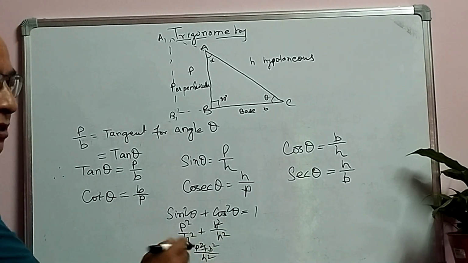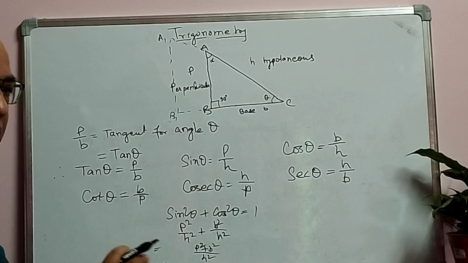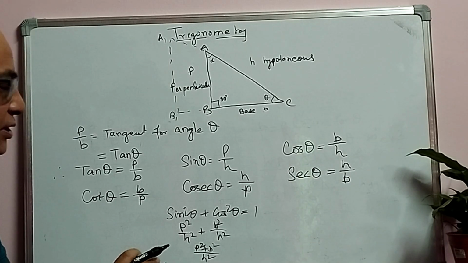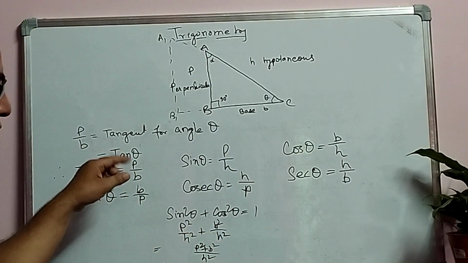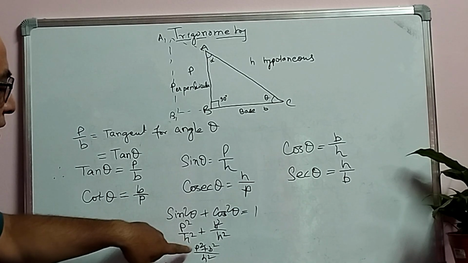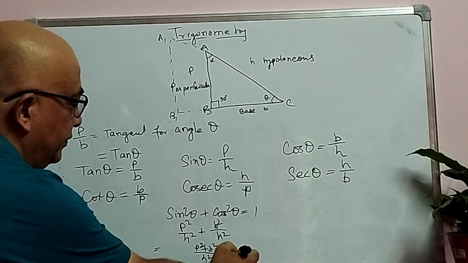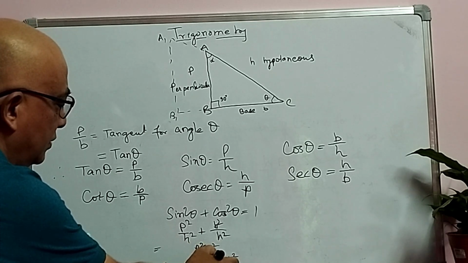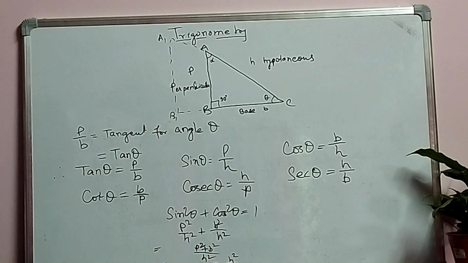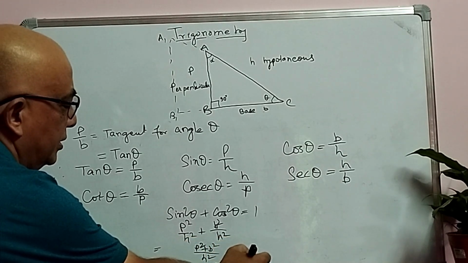I will explain the Pythagoras theorem later on. Simply here, I refer to it, saying that P square plus B square is equal to H square. So here it becomes H square by H square, and both cancel, giving 1.